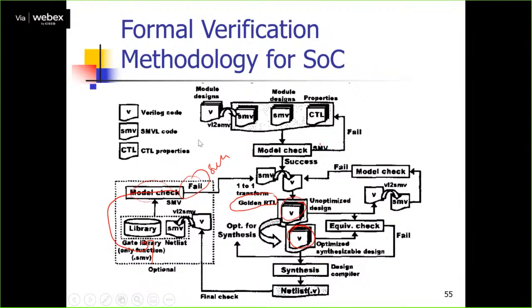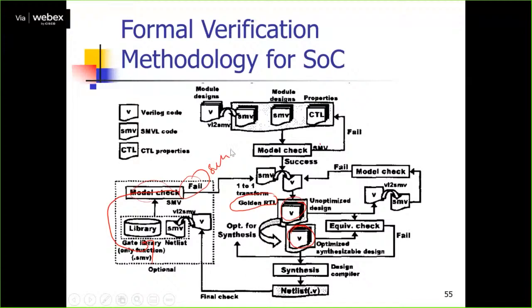If you are using IPs, then your library should be taken care of with the Verilog. This is the final generated netlist, which will be considered as an IP. That will be taken to SMV where you look for model checking. If model checking fails, do it again.